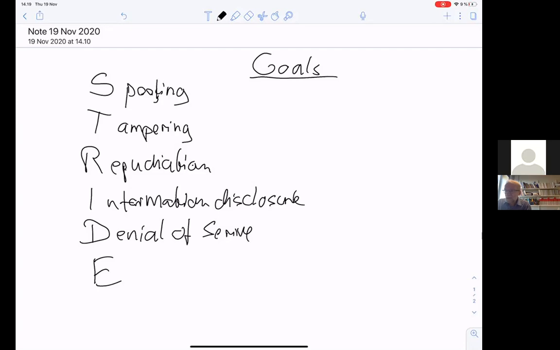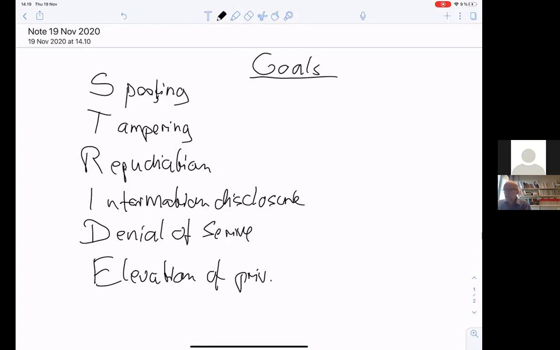And finally, we have the E, which is elevation of privilege. So this just means the adversary somehow manages to get higher privileges in the system than he was supposed to have, being the user he actually is.